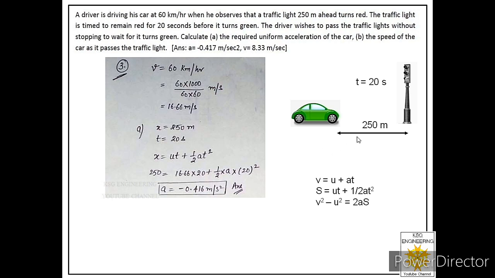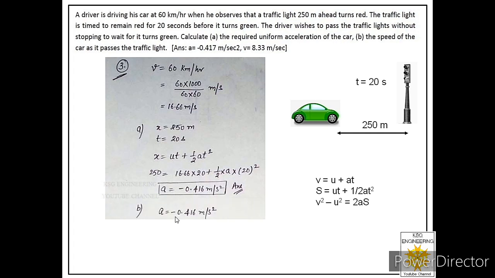We have the distance traveled by the car, and we need to find the final velocity, that is after the traffic lights. So stage 1 is when the driver observes the traffic lights. Stage 2 is when the car crosses the traffic lights. So initial velocity is given to us, final we have to find, distance we know, time we know. And we have already calculated the retardation also.